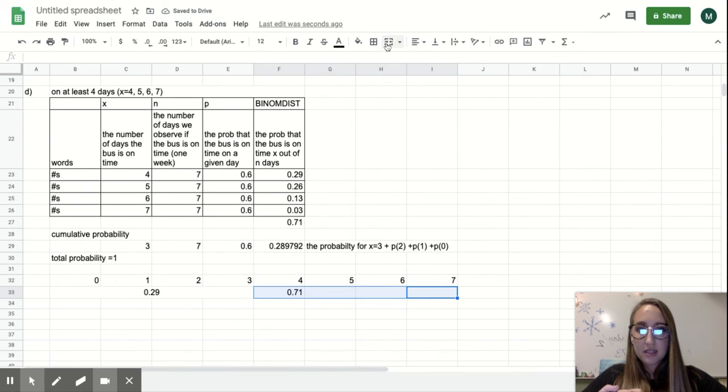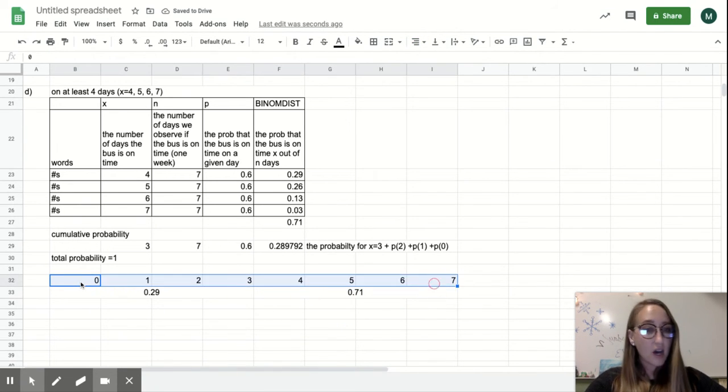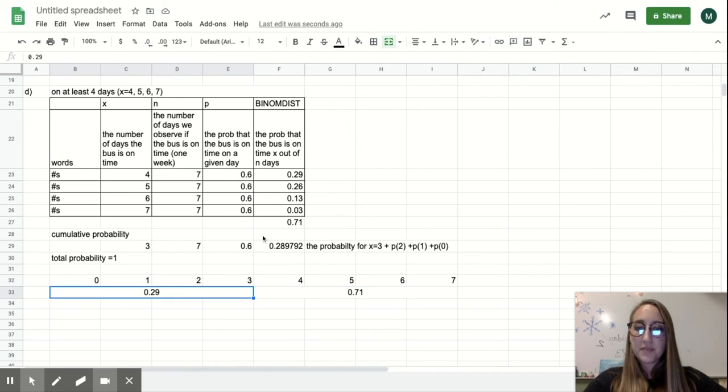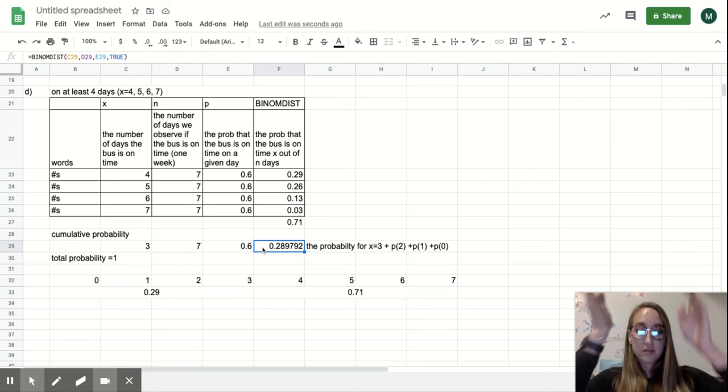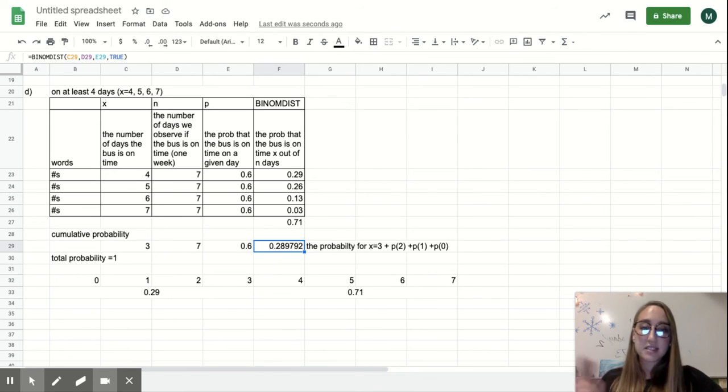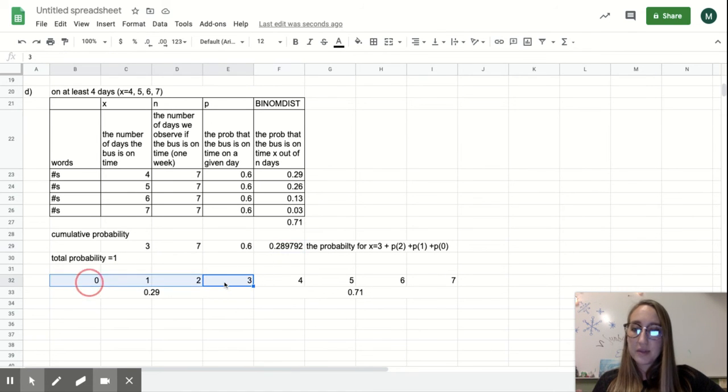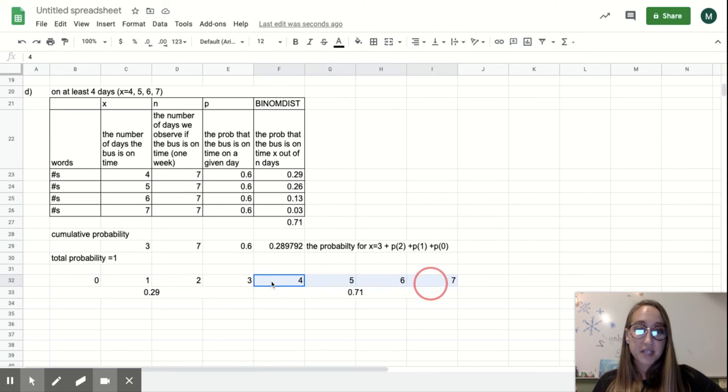So if I can clean this up a little bit. Okay, so the entire probability, all 7 options between 0 and 7, have to add up to 1. The calculator can calculate 3 and less, so if we figure out 3 and less, if we subtract that from 1, that gives us the total probability for 4 or more.